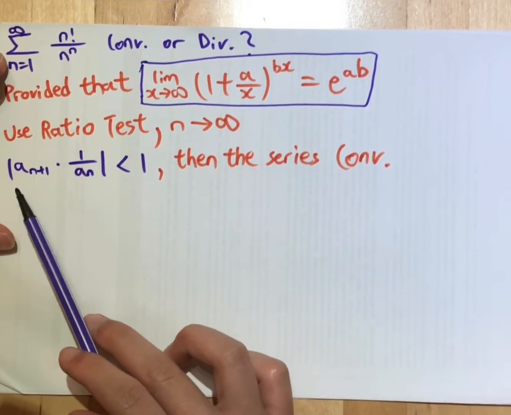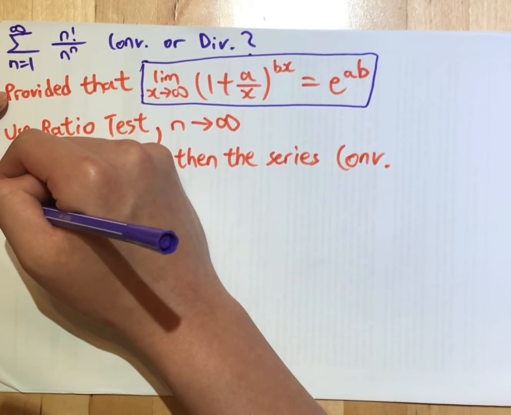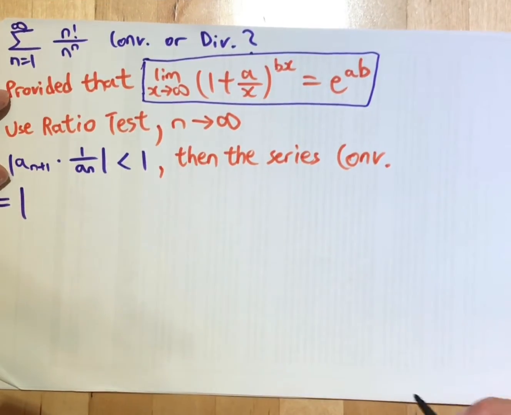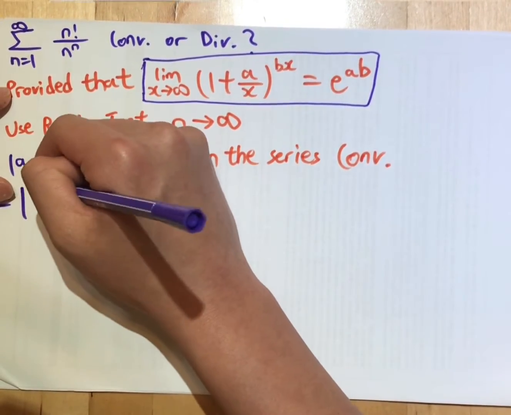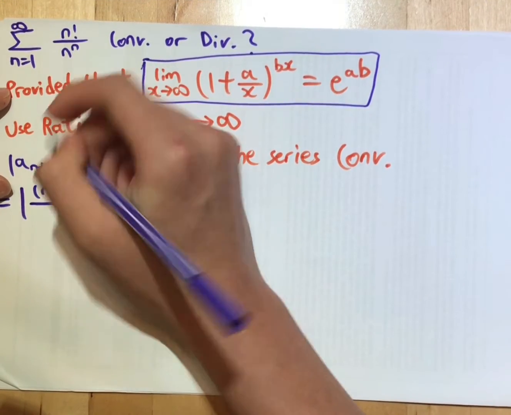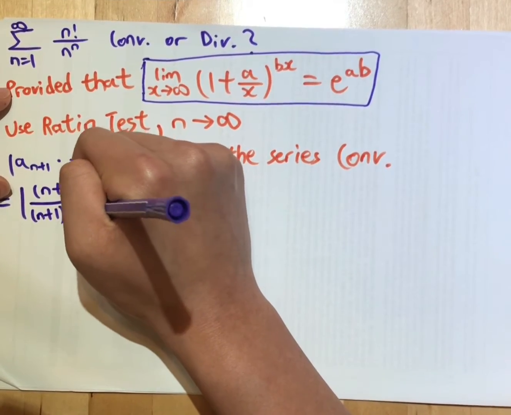Now we would like to work out the absolute value of a sub n plus 1, which is n plus 1 factorial divided by n plus 1 to the n plus 1 power.